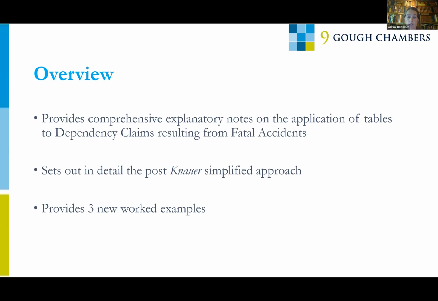It essentially is setting out in detail a post-Nauer simplified approach. It also provides you with 3 new worked examples. Now, the reason essentially why we've got a complete overhaul of section D is in large part due to the Supreme Court decision in Nauer in 2016.